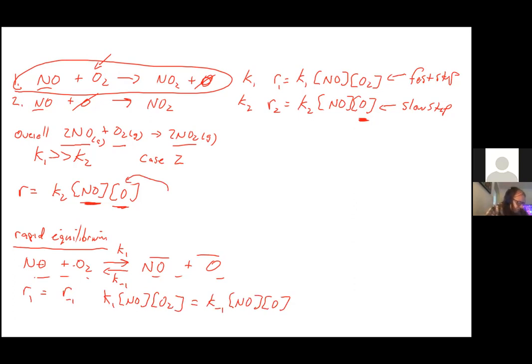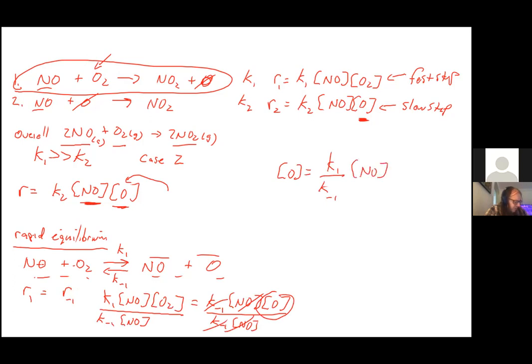So what you do is you just do a little algebra. You solve for O. So you divide both sides by K minus 1, and you divide both sides by NO. Cancel, cancel. And now you've got O. And so the concentration of O is equal to K1 over K minus 1 times NO over NO times O2.